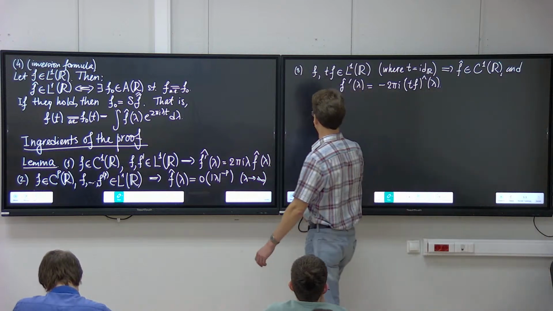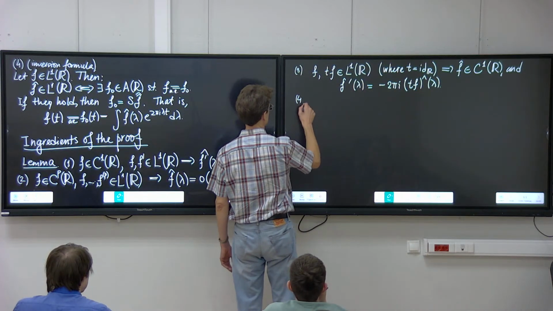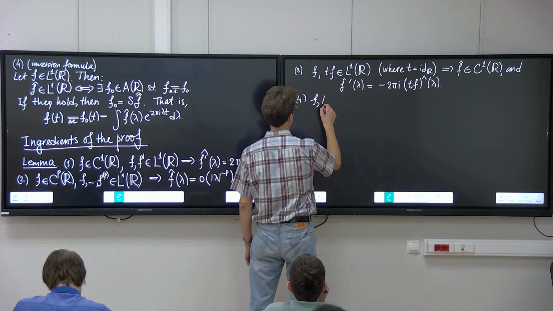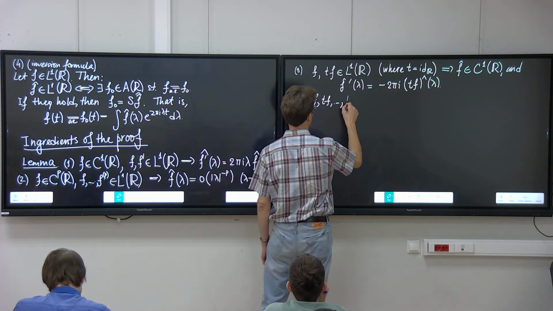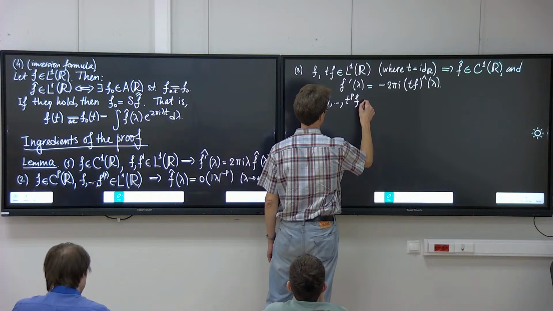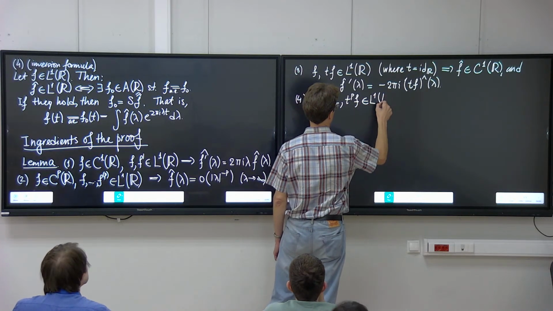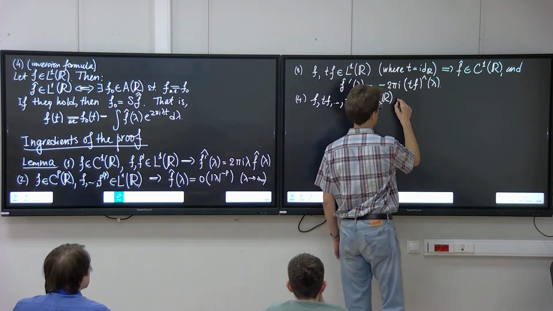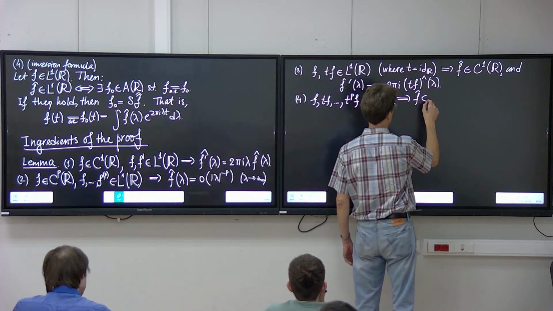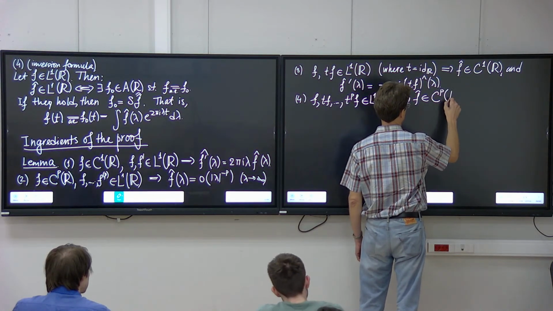And again, we can iterate this and obtain the following property. If the functions f, tf, and so on up to t to the power p f, if all of them are integrable, then f hat, the Fourier transform, is p times continuously differentiable.